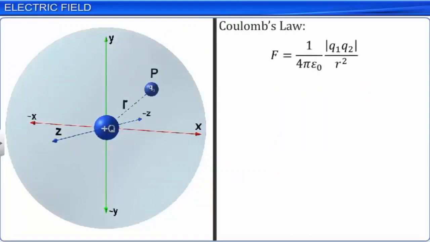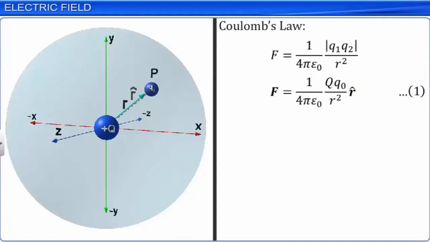The electrostatic force on q0 due to charge q is F equals 1 by 4 pi epsilon naught q q0 by r square into r cap, where r cap is the unit vector along the direction of OP. Let this be equation 1.